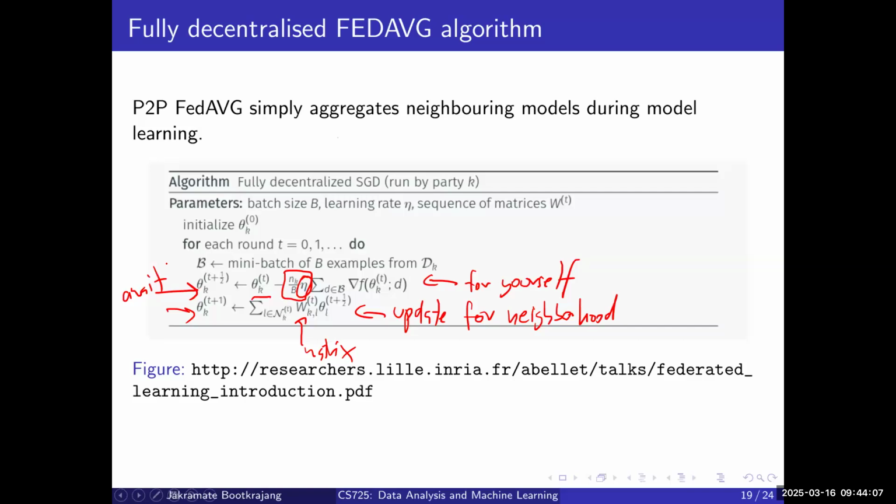You might want to wait for your neighbor to finish training before you can actually combine the weights together, right? Because sometimes you would train faster than your neighborhood. You still have to wait. So that is the algorithm for the fully decentralized setup.